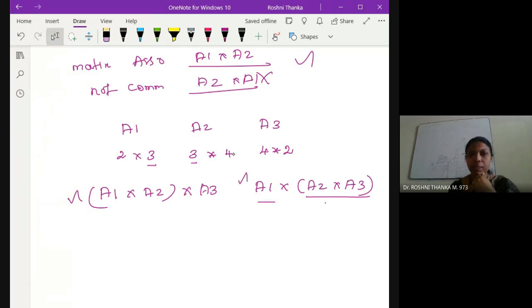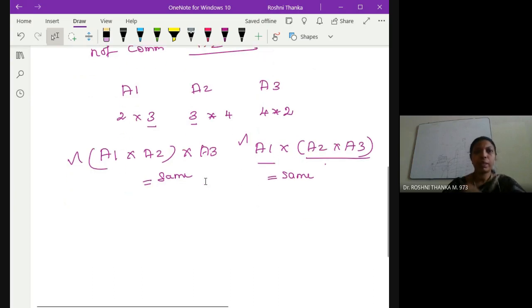Or if I multiply in this fashion, will I get the low cost? The result which you get out of multiplication will be same for both. But the number of multiplications required to do this will be different. Okay. So if I have 3 matrices, these are the 2 combinations.